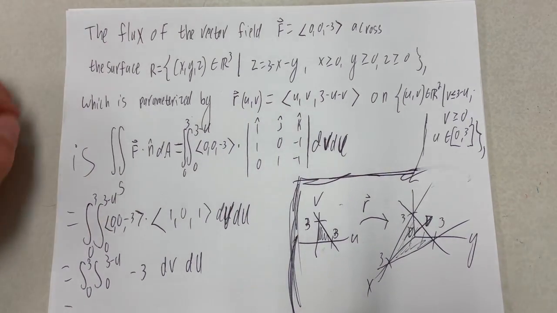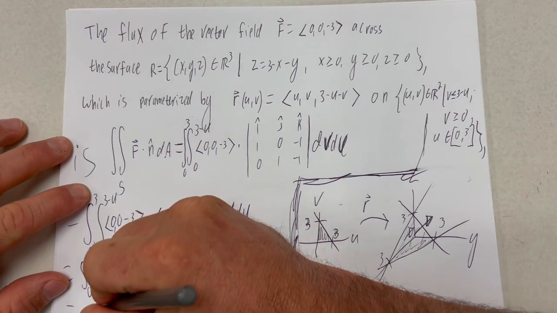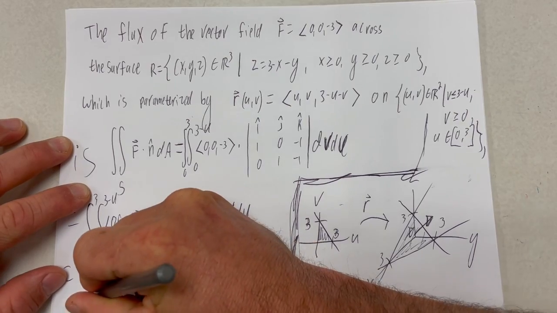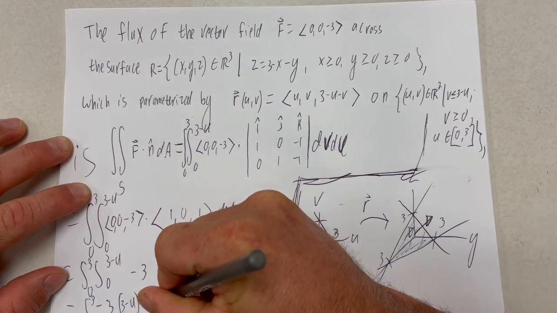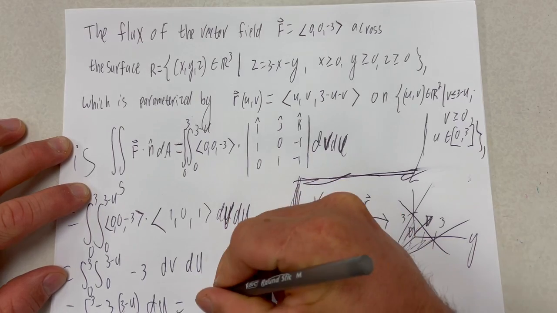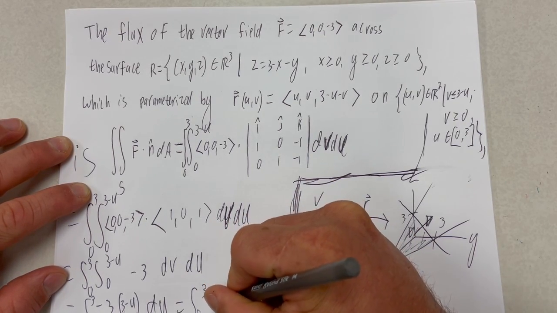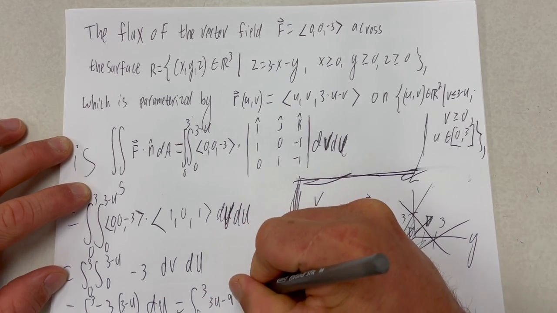Integrating, I have negative 3 times 3 minus u, and that's inside of an integral from 0 to 3 du. That's an integral from 0 to 3 of 3u minus 9.